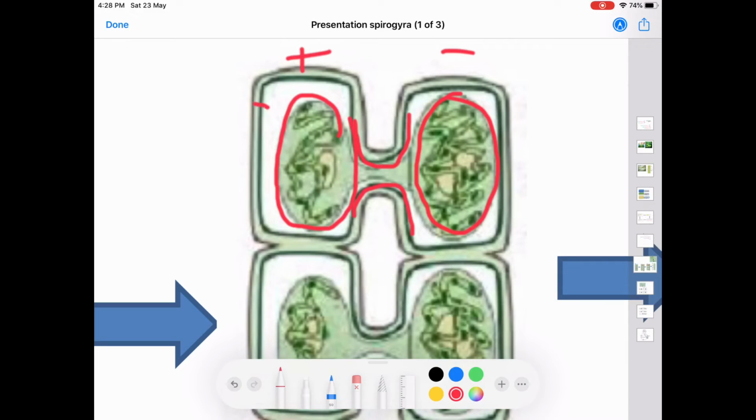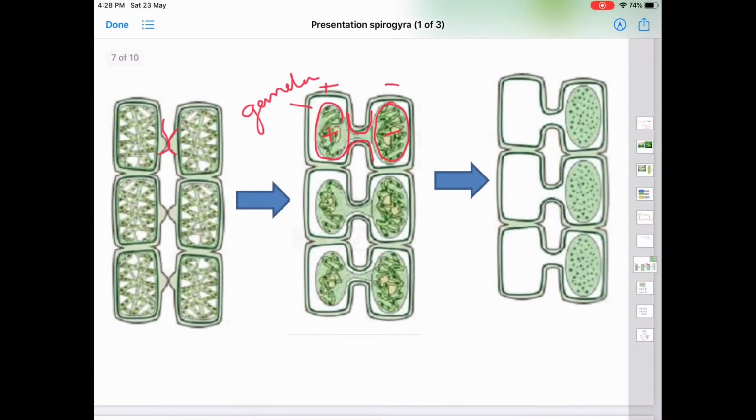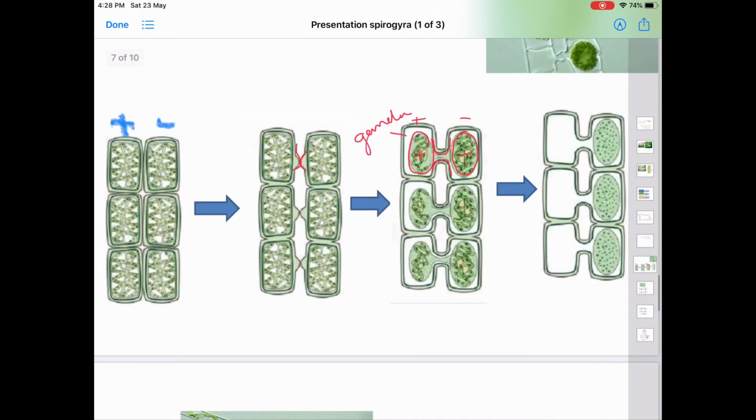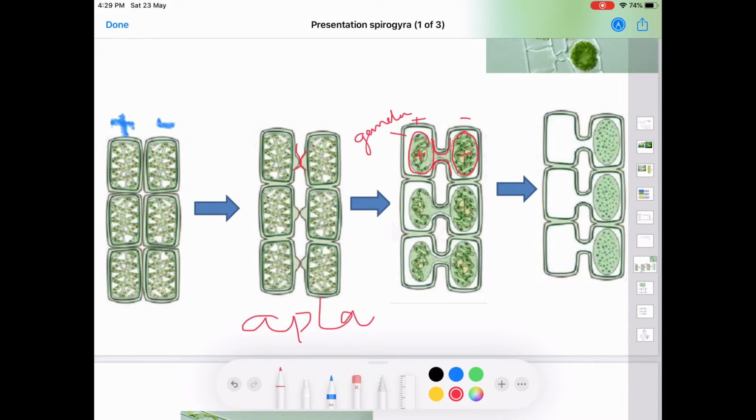Now the cell is known as gametangia, and the protoplasm is known as gametes. That is, plus gametangia will be carrying the plus type of gamete and minus gametangia will be carrying minus gametes. In Spirogyra, the gametes are motionless, so they are known as aplanogametes, A-P-L-A-N-O, aplanogametes.